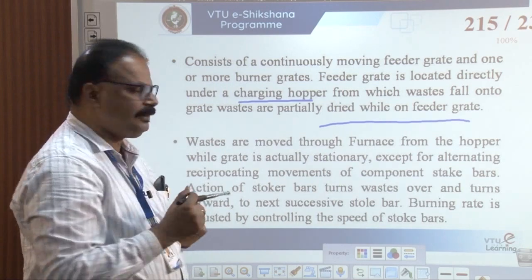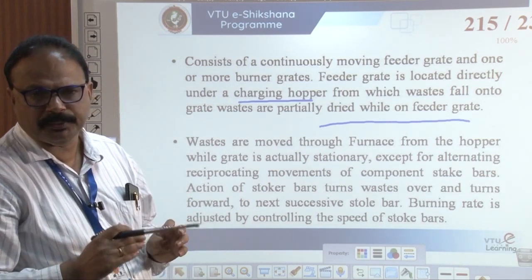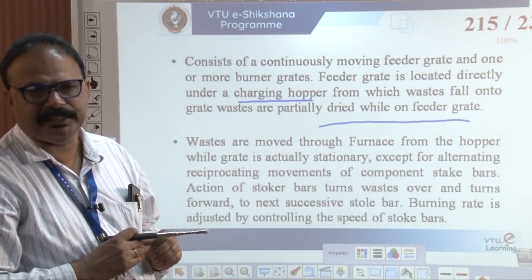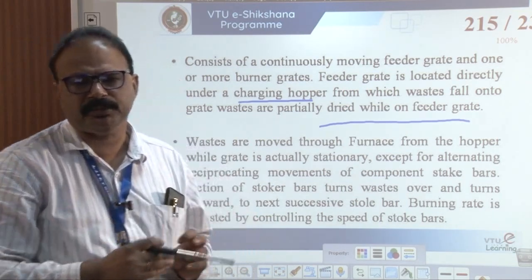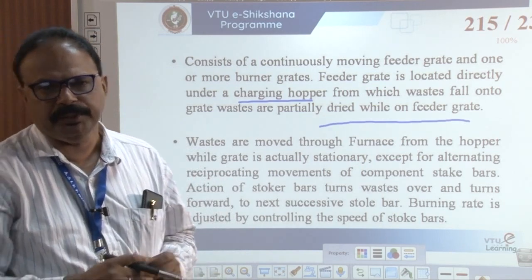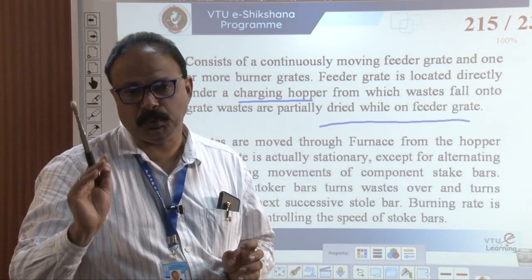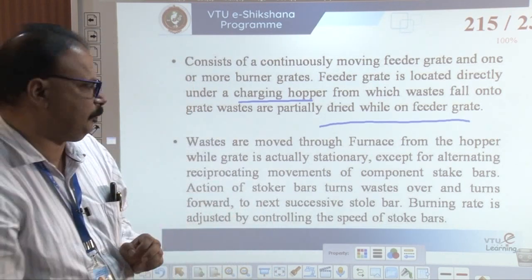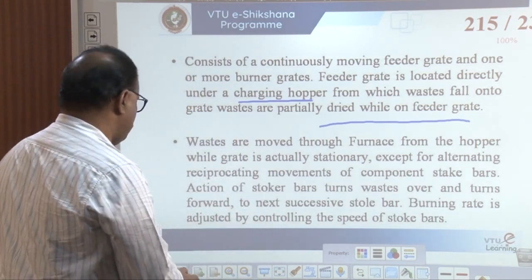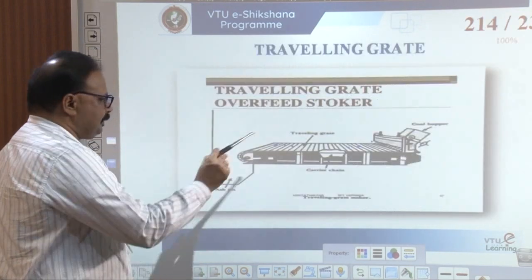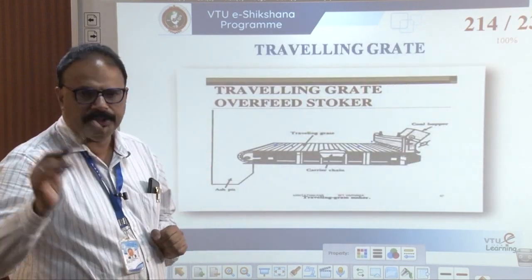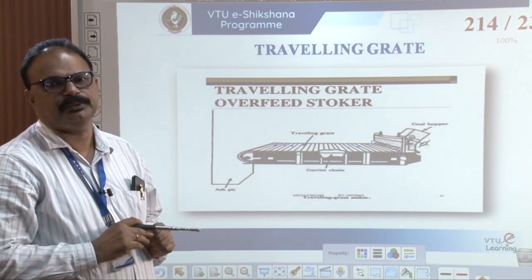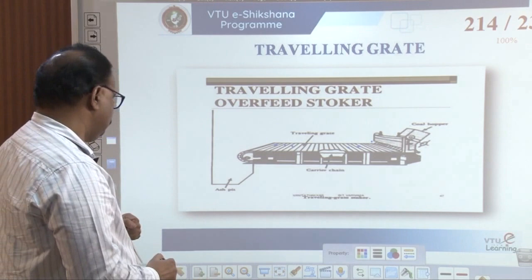The alternating reciprocating movement of the stoker bars turns the waste forward to the next successive stoker bar. The burning rate is adjusted and controlled by the speed of the stoker bar. This is the process of one of the incinerators burning the waste in municipalities. This is also done.